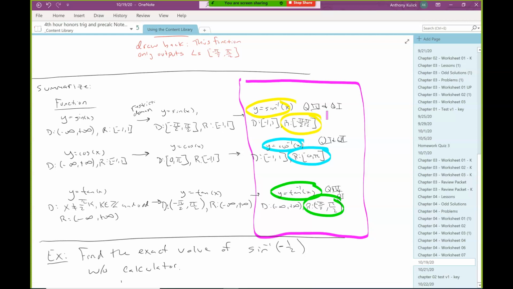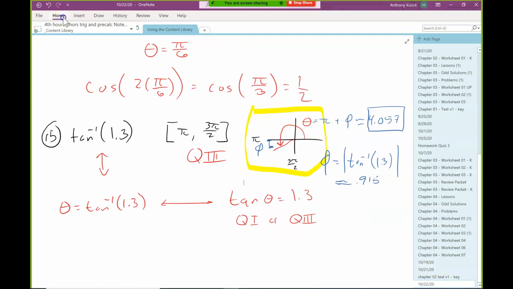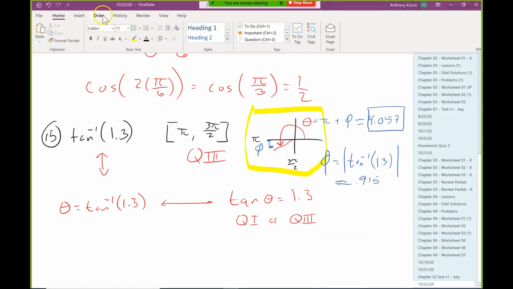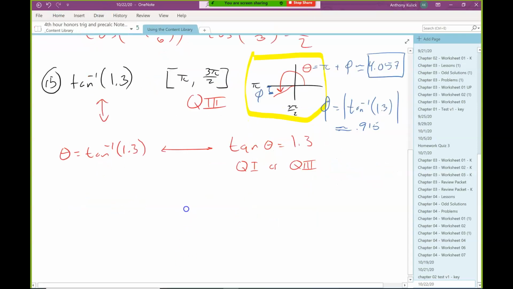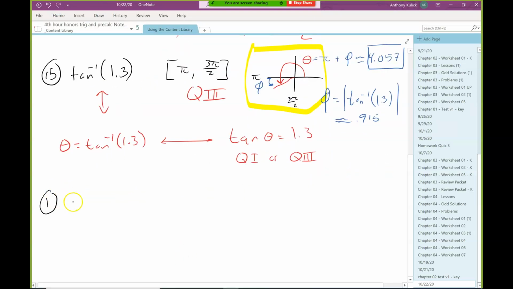Josh. Number one? Sure. So number one says find the exact value.